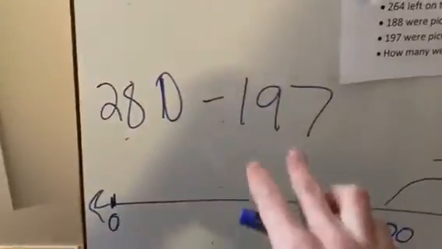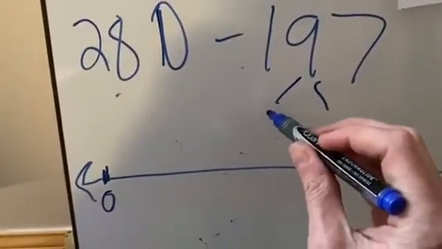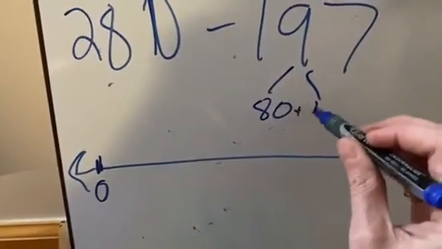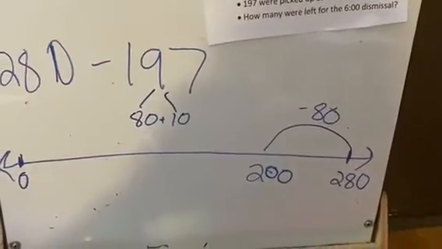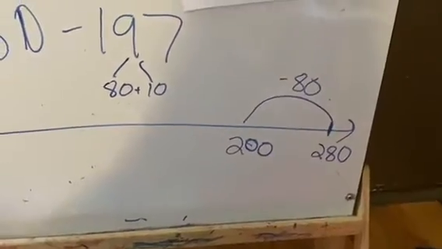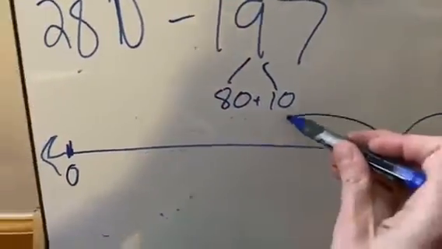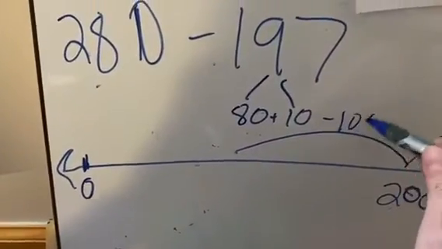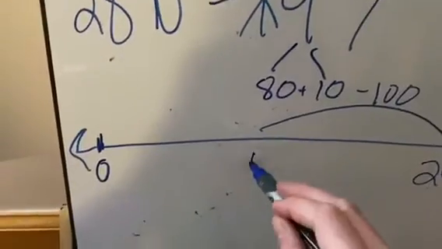I don't actually have an 80 in this problem, but I know that this is equal to 80 plus 10. And so I know that I still have 10 that I'm going to have to get rid of at some point, but I don't want to do that now because subtracting 80 got me down to such a nice number. After I get down to that 200, I'm going to do a jump of 100. So that gets me to 100.